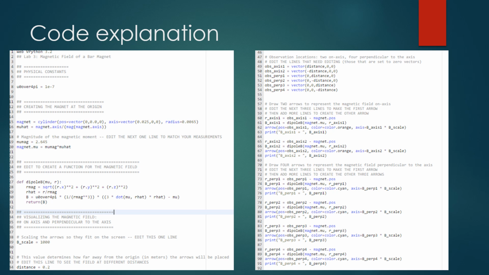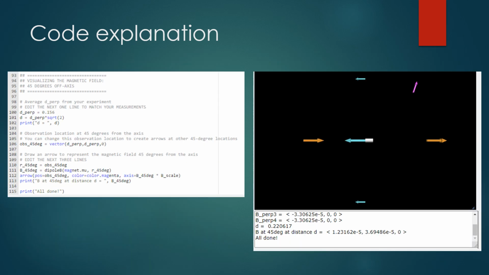And some of the code on the right creates vectors to show the magnetic field at different locations relative to the bar magnet. The last part of the code is to visualize the magnetic field 45 degrees off of the axis, and the GlowScript model at the right shows the magnetic field at different locations on and off of the axis.